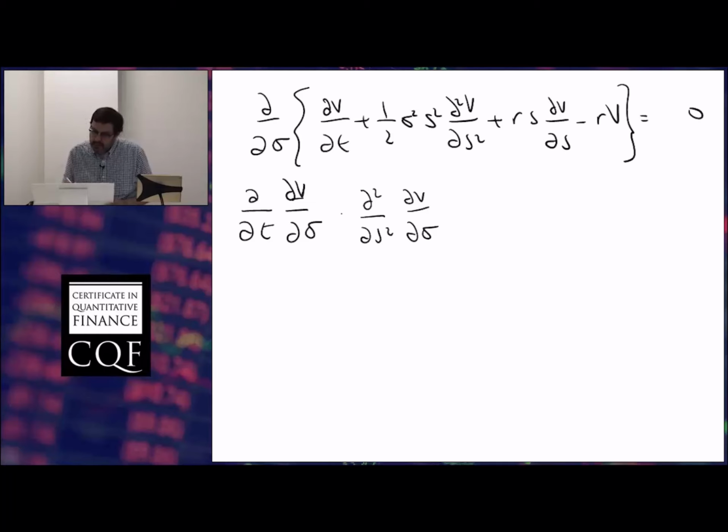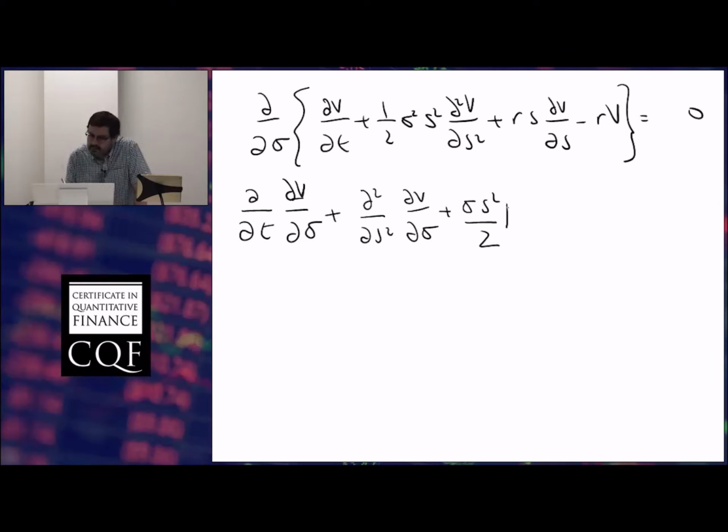But, so, shall we? I'll differentiate that in a moment. Plus, so if we differentiate a half sigma squared S squared, what do we get? We get sigma squared. That's come down, hasn't it? So that becomes sigma S squared over 2, agreed? Times gamma.